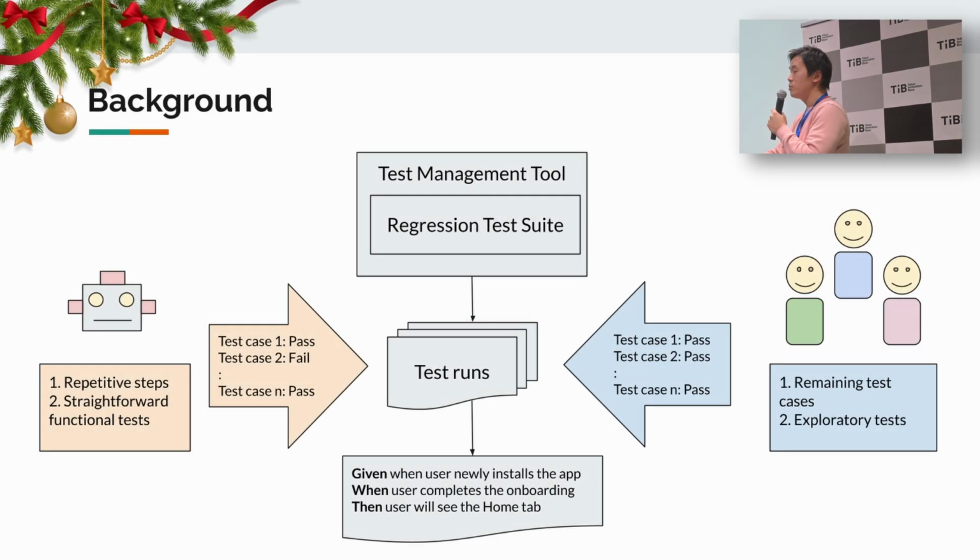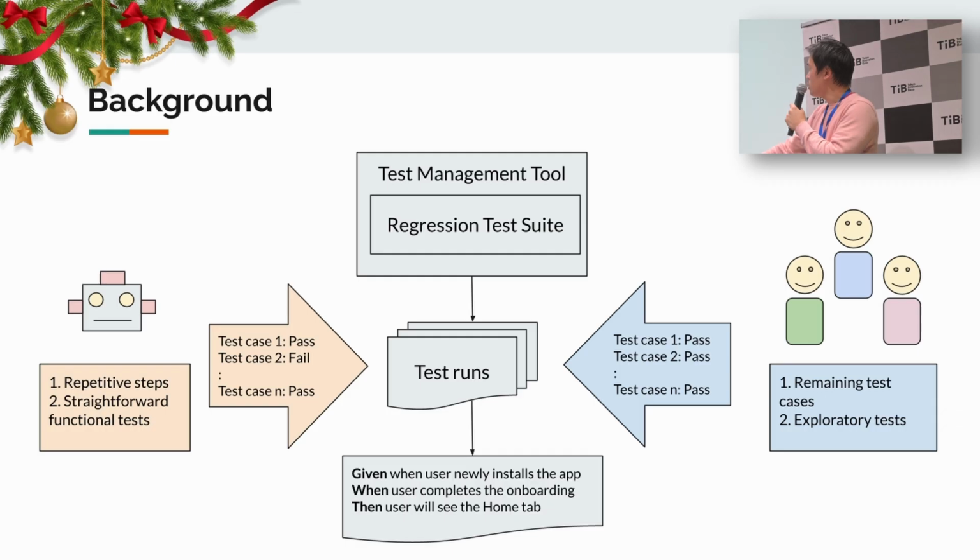This is the test management tool that we have. We have a regression suite inside. So we have a fixed set of regression tests, and we execute test runs for every release. Then each of these test cases is written in a BDD format, or behavior-driven development, as an example there. Before we execute the regression test manually, there's a robot that executes the automation test.